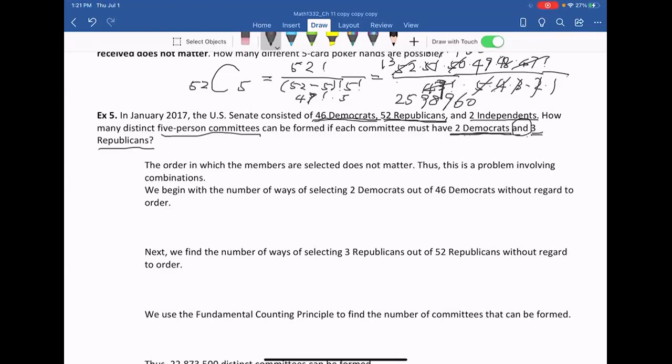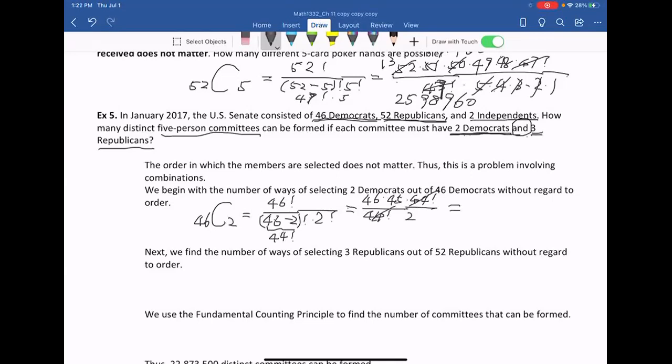First, let's find 2 from 46. So 46C2 equals 46 factorial over (46 minus 2) factorial times 2 factorial. This part is 44 factorial. So the numerator is 46 times 45 times 44 factorial, and 2 factorial is 2.